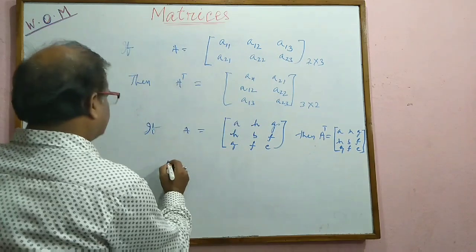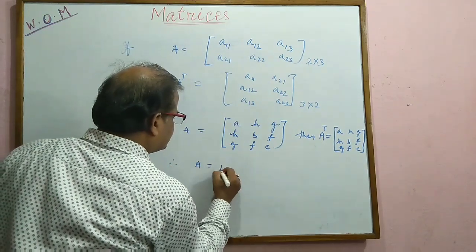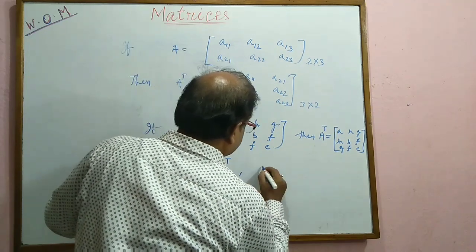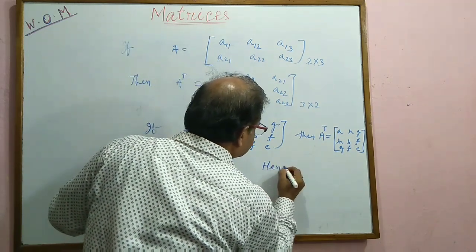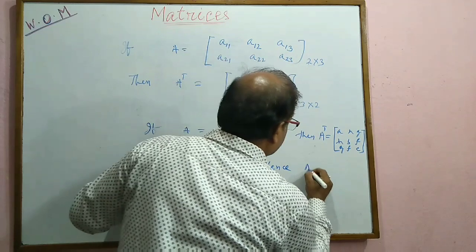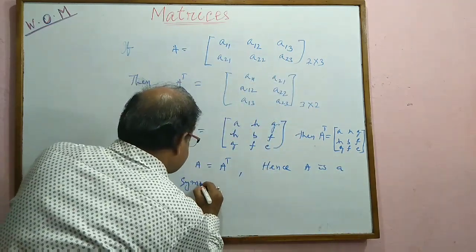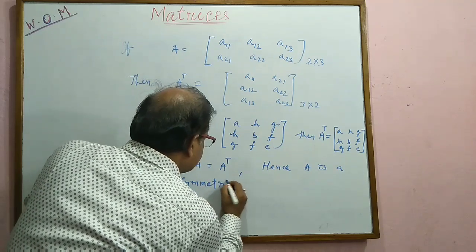Therefore, A is equal to A transpose. Hence, A is a symmetric matrix.